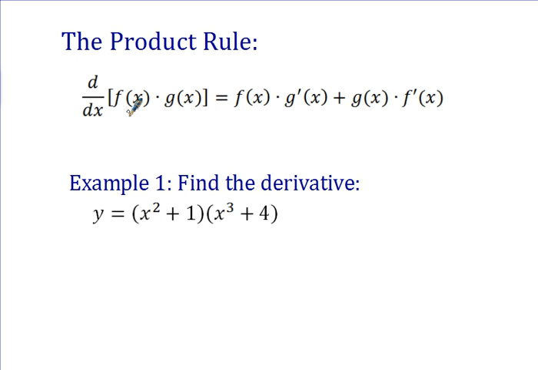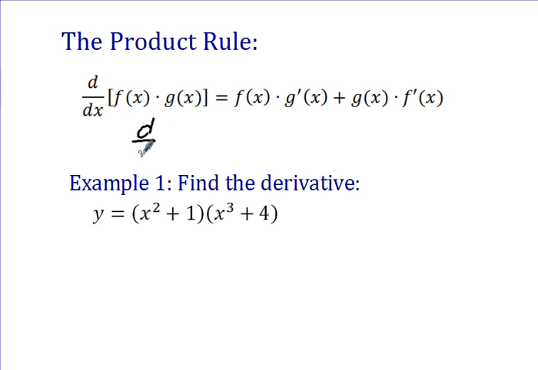The derivative of f of x times g of x is equal to f of x times g prime of x plus g of x times f prime of x. In other words, the first function times the derivative of the second plus the second times the derivative of the first. Now sometimes it looks a little confusing with all these x's in there.